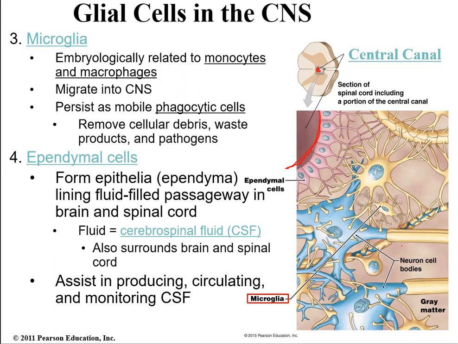Instead, relatives of our immune system cells migrate into the central nervous system very early on in our fetal development, and they are going to live, for the rest of your life, in the central nervous system. And so these little guys here are the cells I'm talking about. Again, little Roomba cells, and it even looks like they have little brooms.